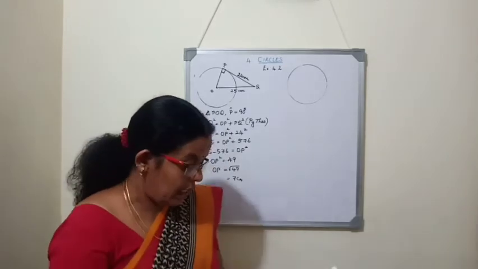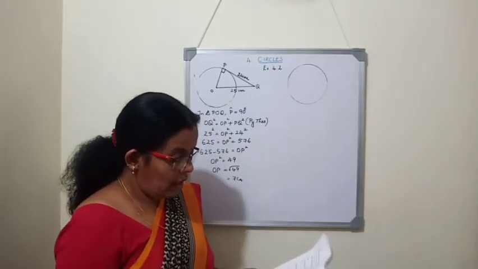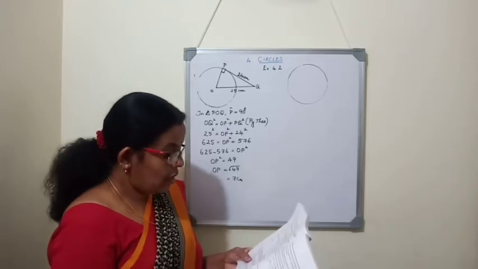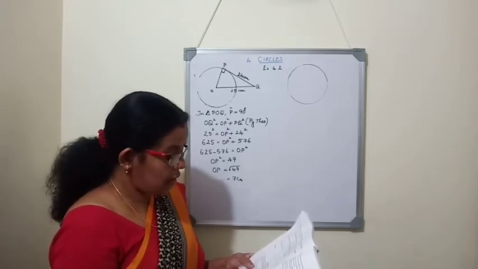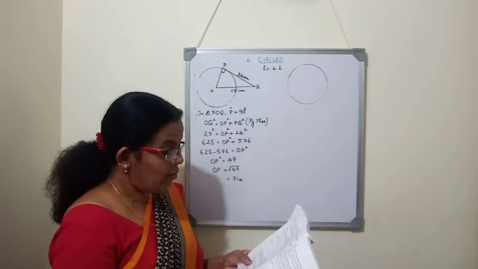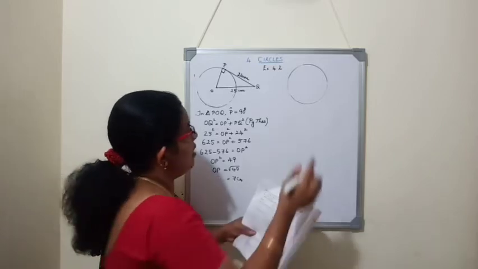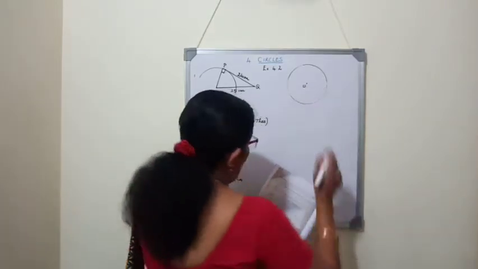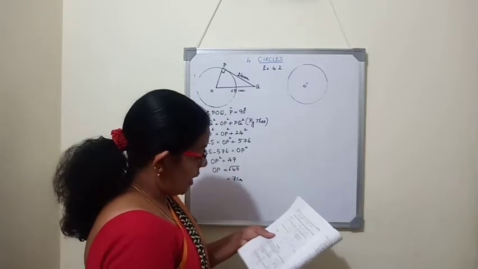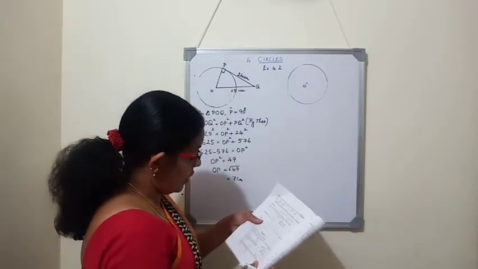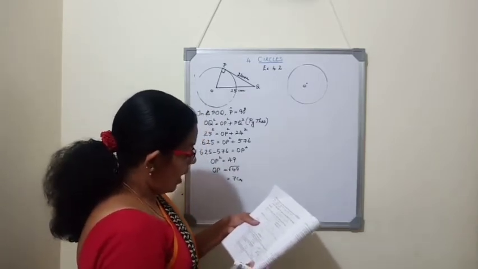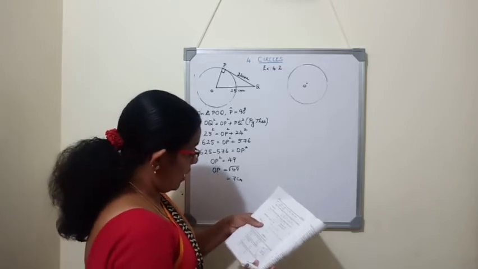The second question is, in the given figure, if TP and TQ are the two tangents to a circle with center O. So, we will mark the center O. TP and TQ are two tangents. So, T is the external point. So, that angle POQ is 110.